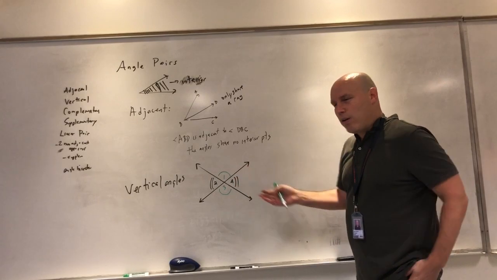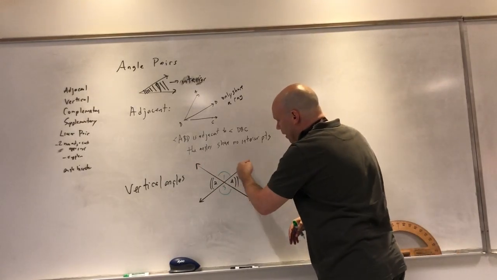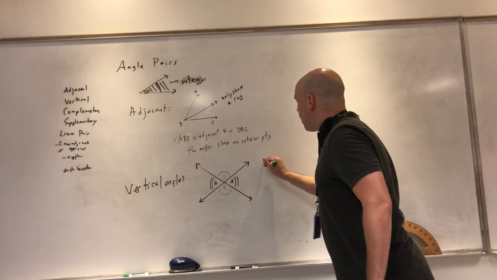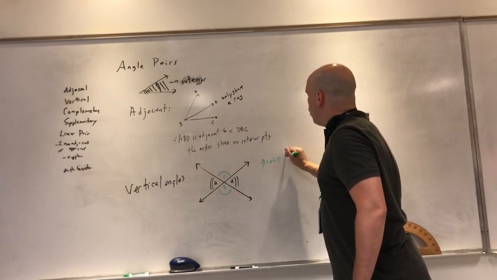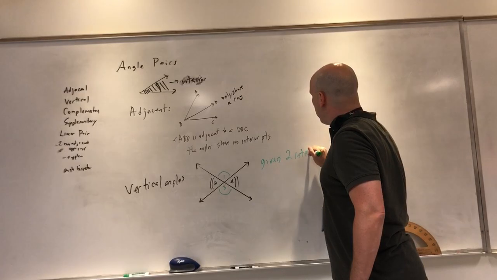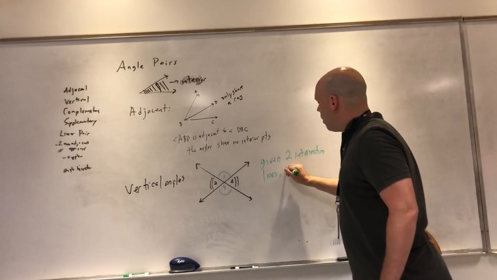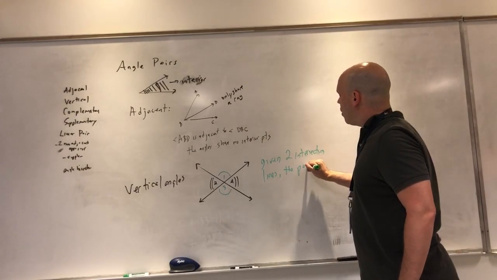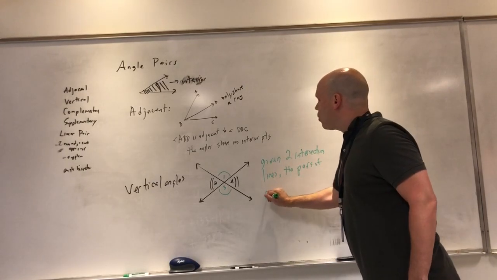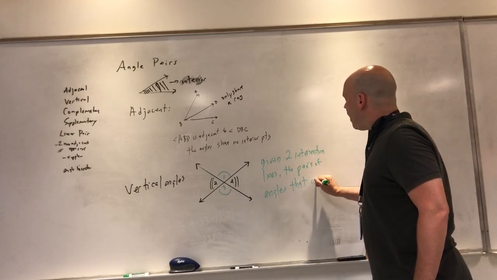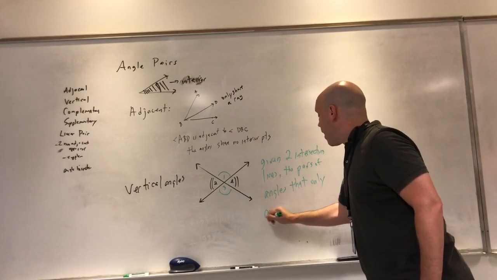Given two intersecting lines, the pairs of angles that only share a vertex.